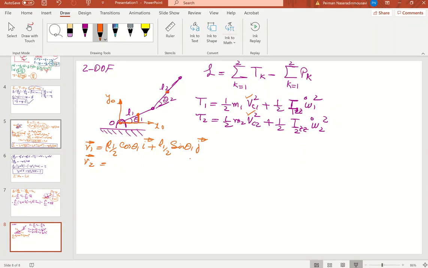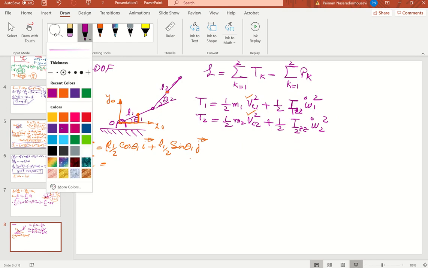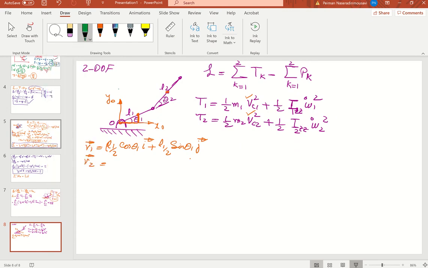And now for mass 2, you have to calculate this value. That's right. So this value is this value in X plus this value. So this value is L1 cosine theta 1, this value, plus this value. How much is that? How much is that?